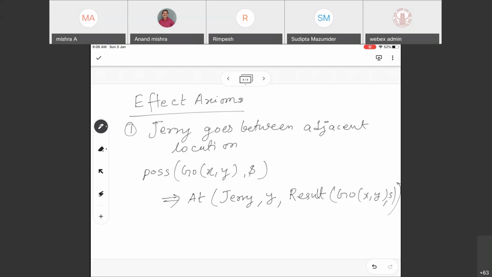So what is the effect of this particular operation, the possibility of going X to Y in situation S? If Jerry was at position X, it will reach position Y because of this operation. The material which I will share will have some more examples, and I also have some more questions for you to try, so that will give some more idea.